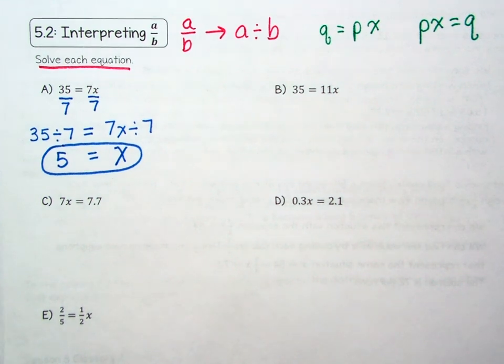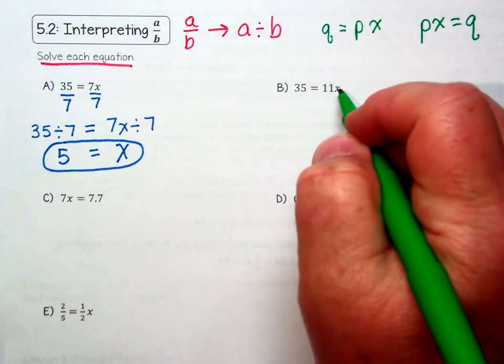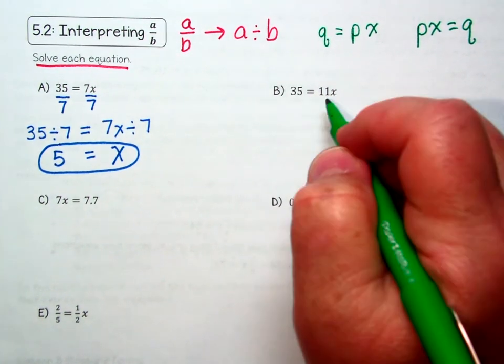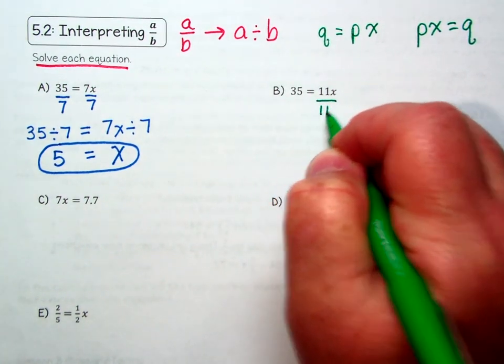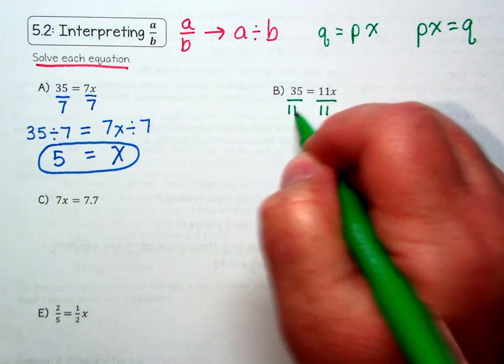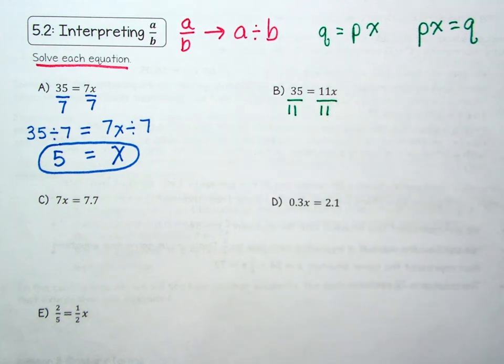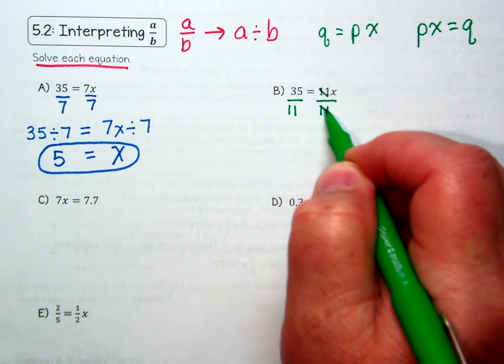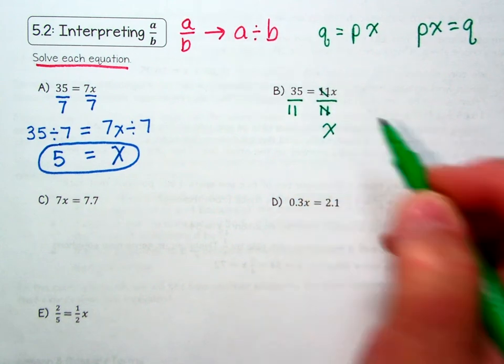35 is equal to 11x. So again, I know what 11x's are, but I want to know what is 1x. So to accomplish that, I need to divide 11x by 11. And then to keep my equation true and balanced, I'm going to divide the other side by 11 as well. So 11x divided by 11 is 1x.